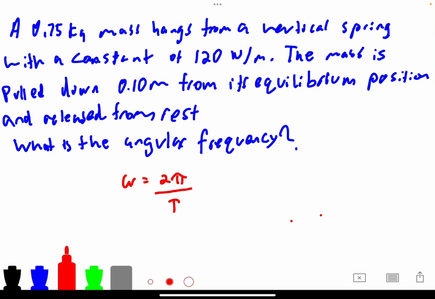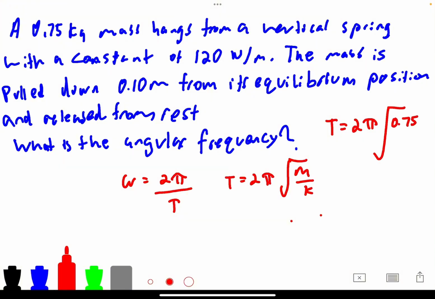And we know the period of a spring is equal to 2 pi times the square root of m over the spring constant. So let's find the period first. The period is going to be 2 pi square root of the mass, which is 0.75, over the spring constant, which is 120.